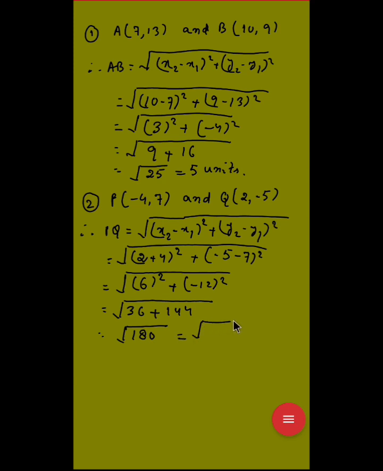So we can write 180 as 36 cross 5. 36 is a perfect square, so we are taking 6 as common from it. 6 under root of 5 unit. So observe, when P is defined by minus 4 comma 7 and Q is defined by 2 comma minus 5, the distance between P and Q is given by 6 root 5 unit. Clear? Now moving forward to the next type of questions.